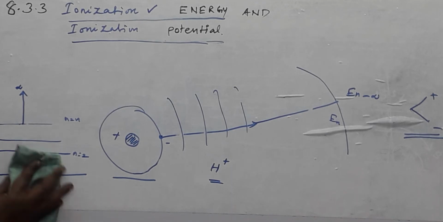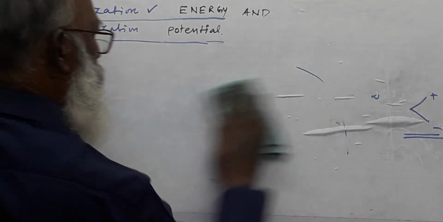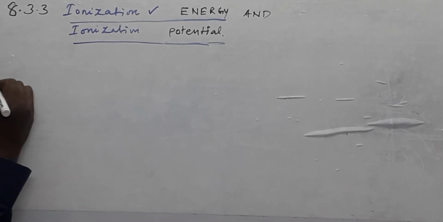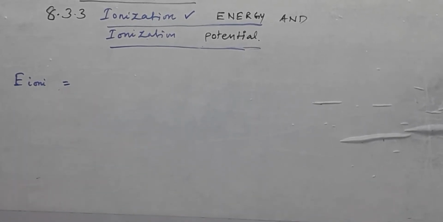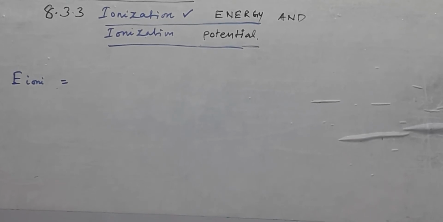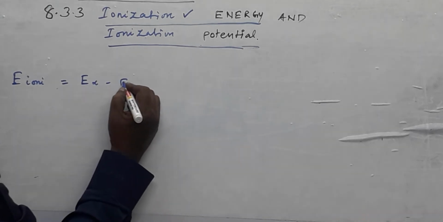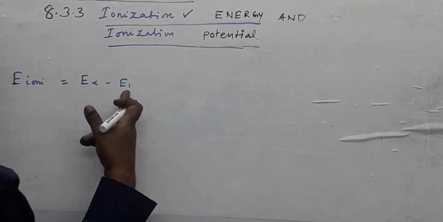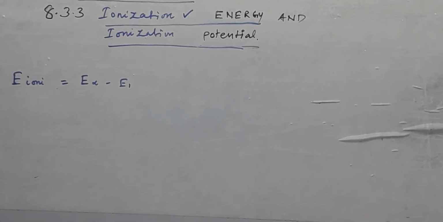Now, we have to derive an expression for ionization energy. What is meant by ionization energy? E ionization is equal to E infinity minus E1. That is, the electron in the first orbit is shifted or knocked out completely from the atom to infinite distance.